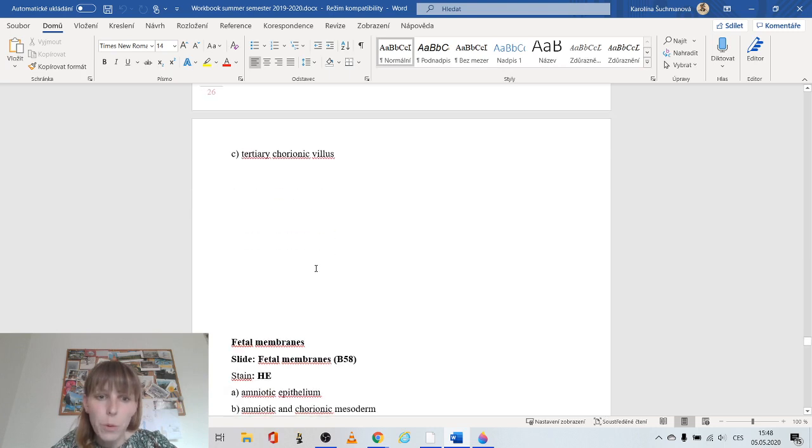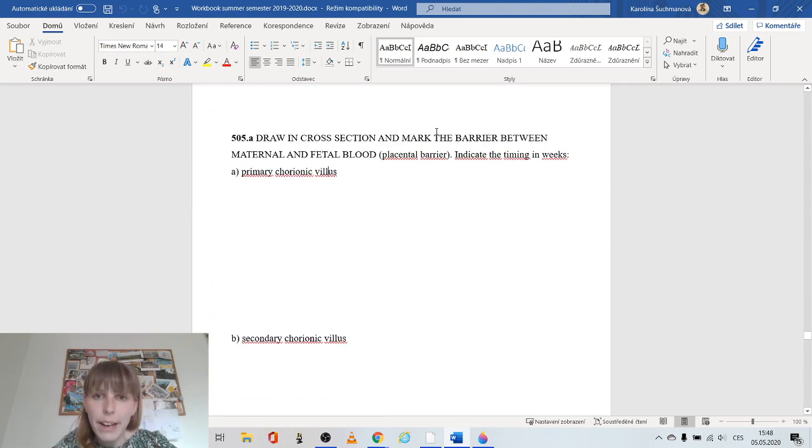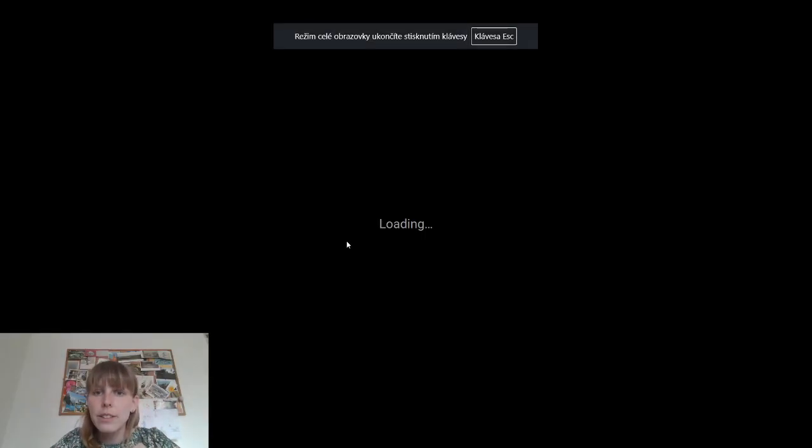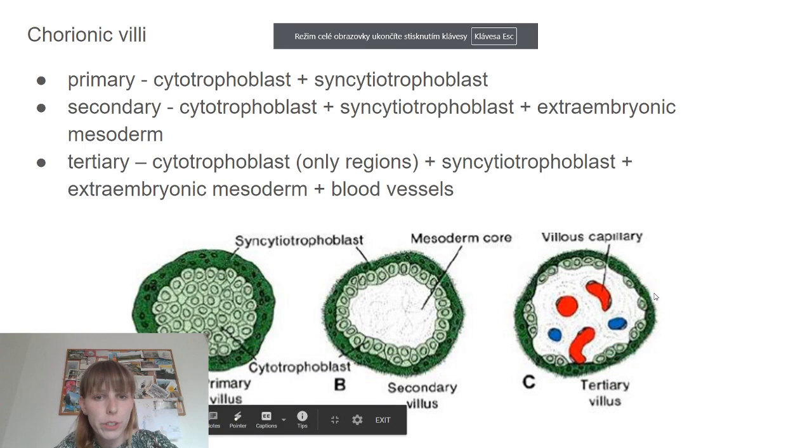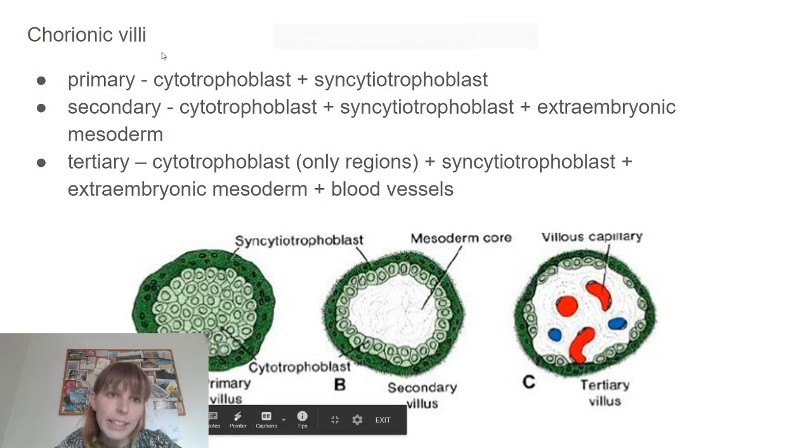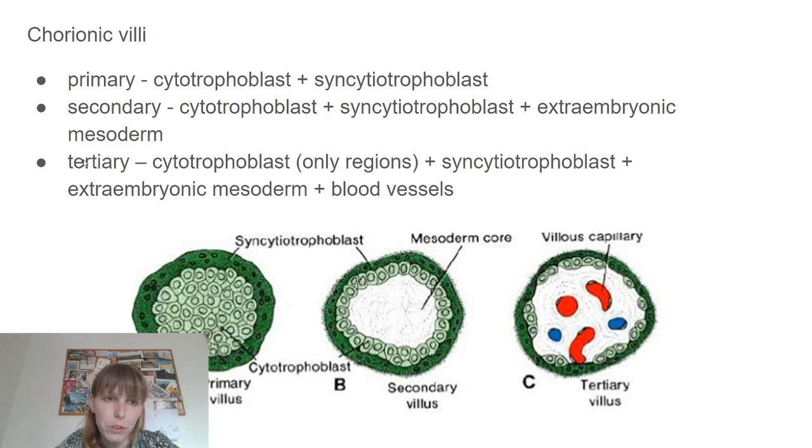So that's what we will be looking at right now. And you should specify the barrier between maternal and fetal blood, so we will get to that. But the three stages of development of these villi will be first the primary villus, secondary, and then tertiary, which is the most developed one.